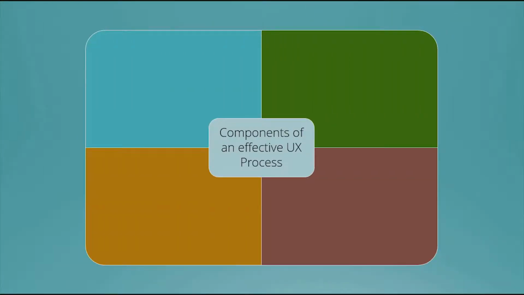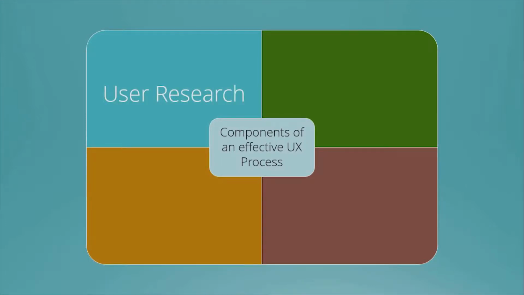There's some amount at some point of user research. Now, this is actually very controversial because there are some types of UX processes that say, oh, you don't need to do all that. Well, you have to do some at some point. So we'll talk about how these different flavors of processes bring in user research and how much they do.